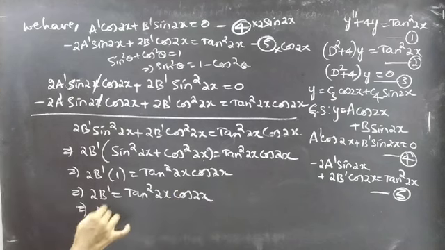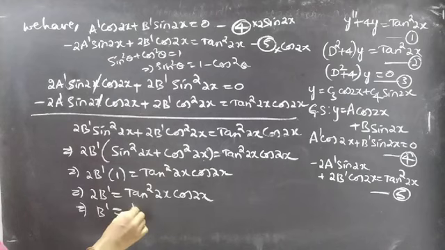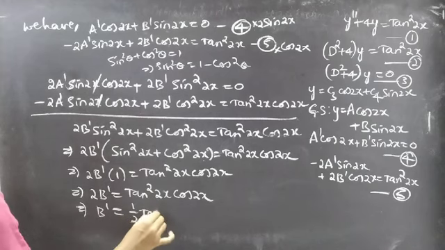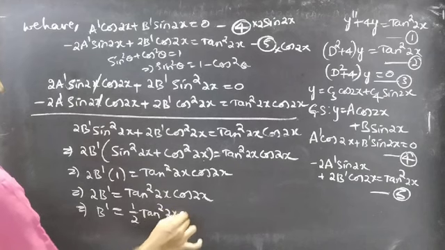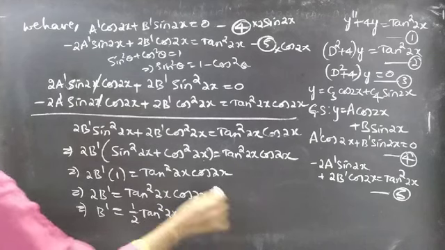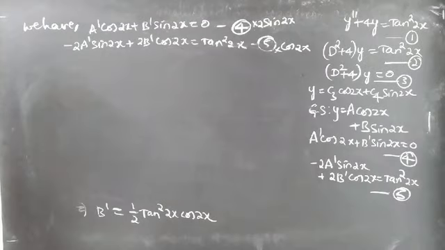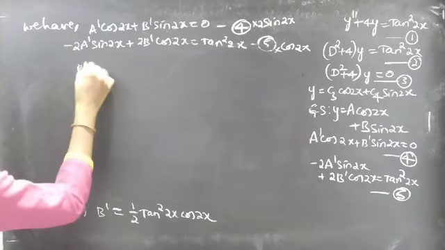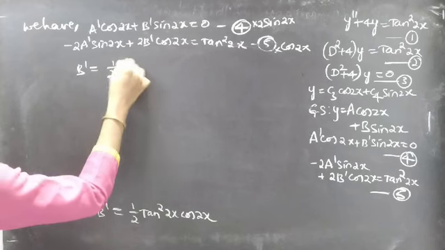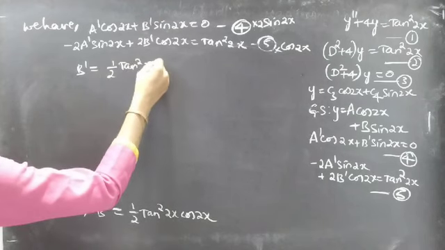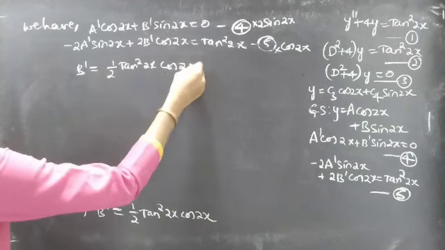From this we'll get b' equal to 1 by 2 tan square 2x into cos 2x, okay. Now we got b' equals 1 by 2 into tan square 2x into cos 2x, right?